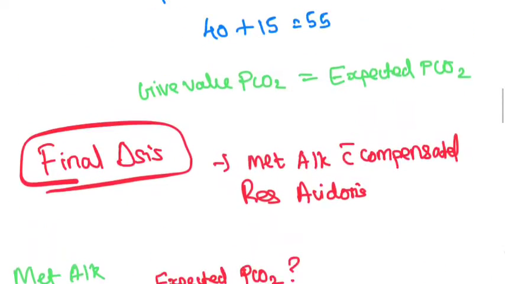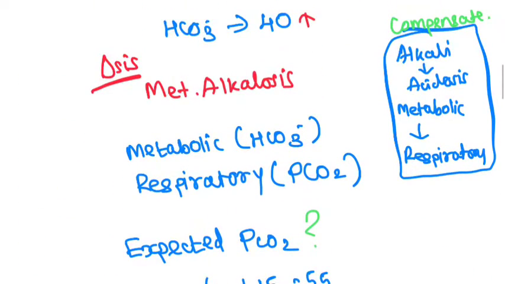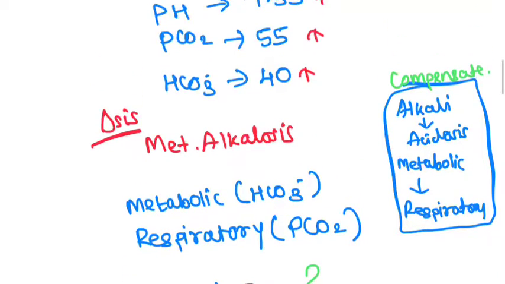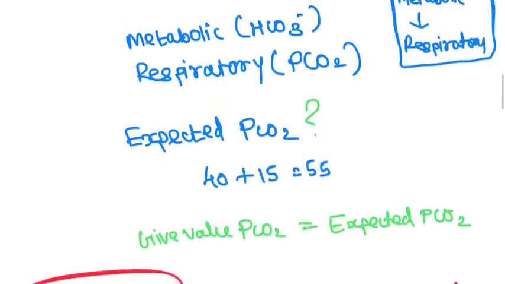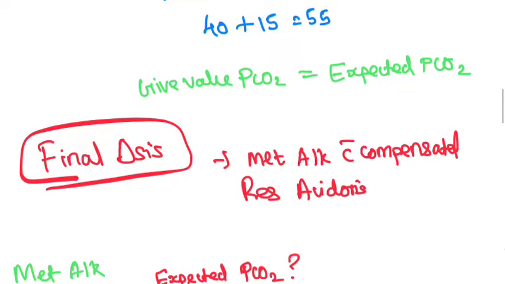Applying this formula, HCO3 level is 40, plus 15 equals 55. Expected PaCO2 is 55. In our question, PaCO2 value is also 55. So both are equal, and the final diagnosis is metabolic alkalosis with compensatory respiratory acidosis.